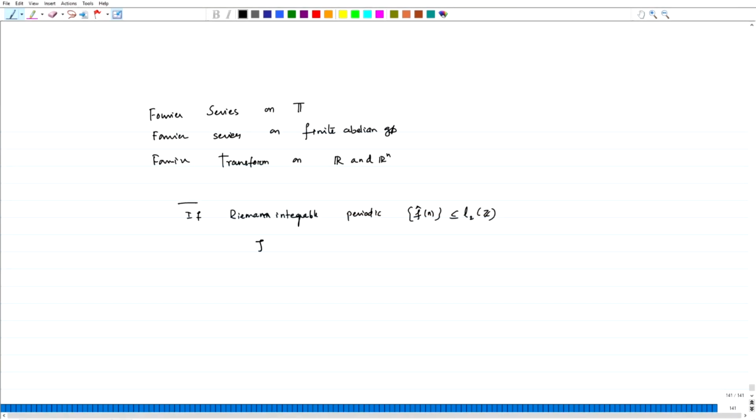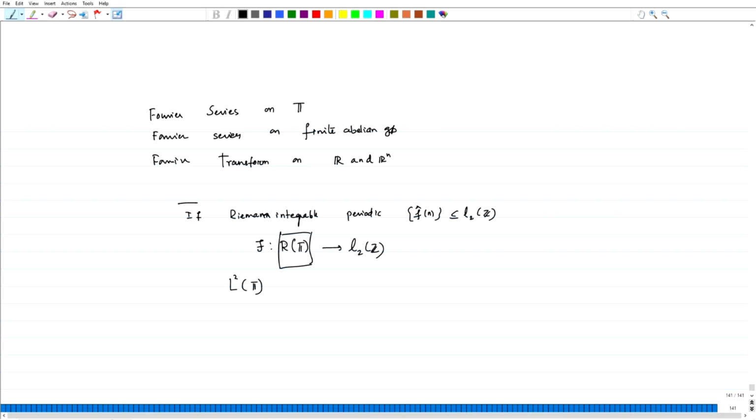So, one would like to ask what is the larger space which can replace the Riemann integrable functions such that the Fourier transform is onto l 2. In fact, that is nothing but the Lebesgue space L2 of T.